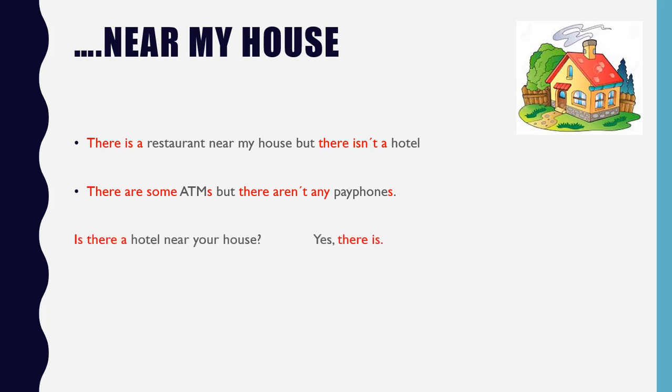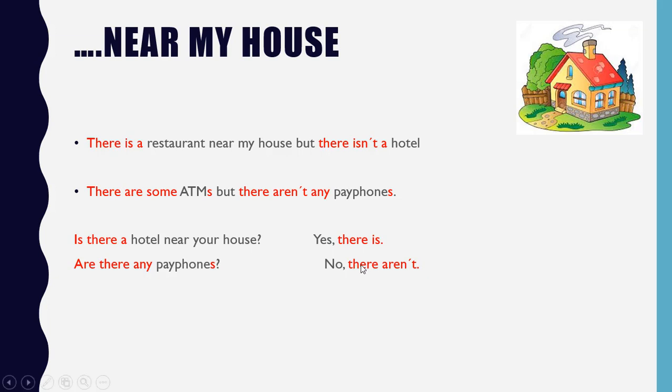Next sentence. Is there a hotel near your house? So this is a question, in singular. Is there a hotel near your house? The short answer, yes, there is. Another question is, are there any payphones near your house? No, there aren't. This is another question, but in plural, talking about the plural, as payphones.